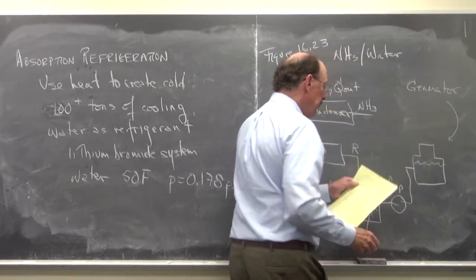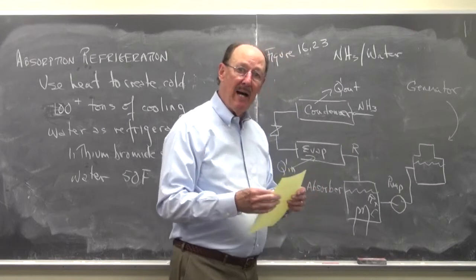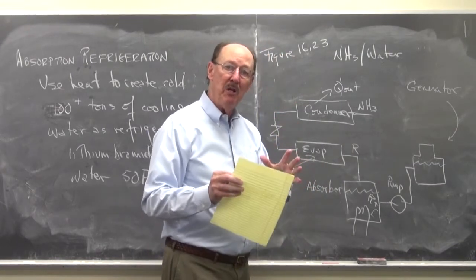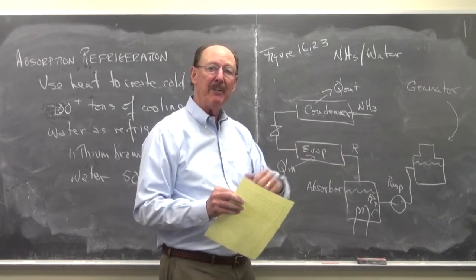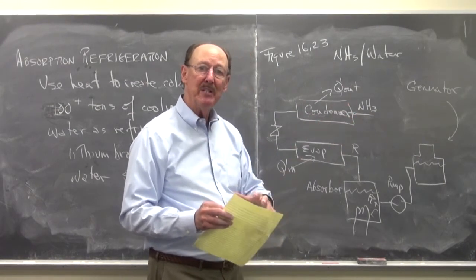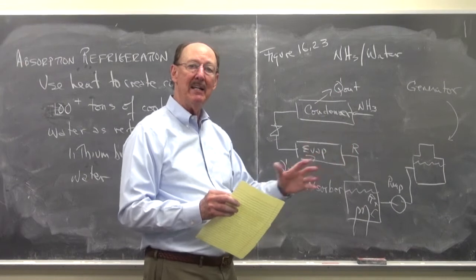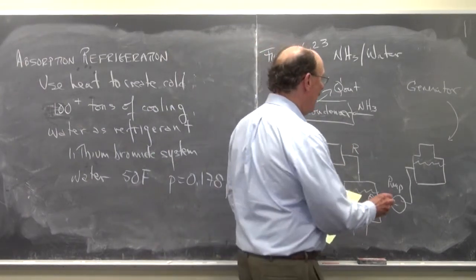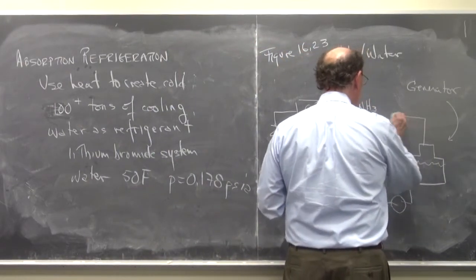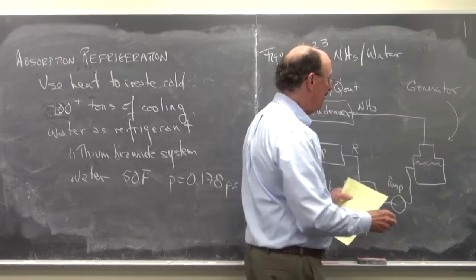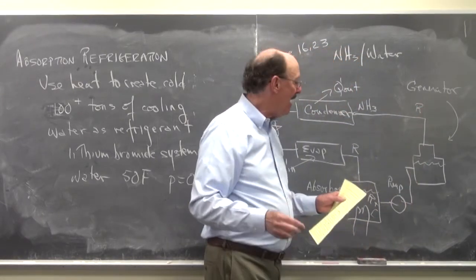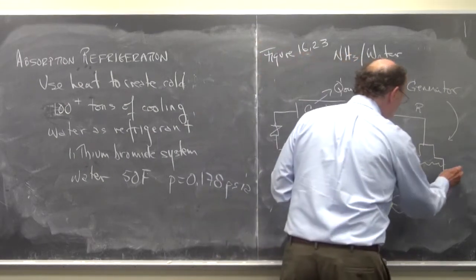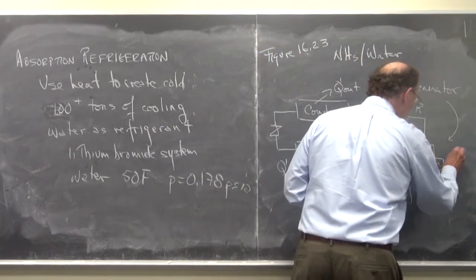And so the idea behind this is, I have ammonia and water. If I heat the ammonia-water mixture, it drives the ammonia out. So in the generator, I'm generating ammonia. So coming out of here is my refrigerant ammonia, and I have that happening because I'm putting Q dot in here.